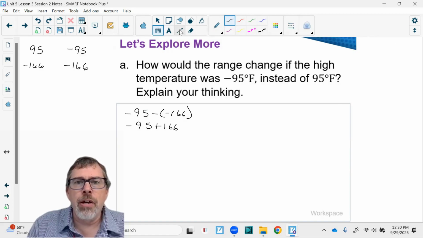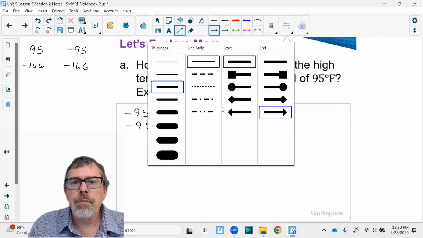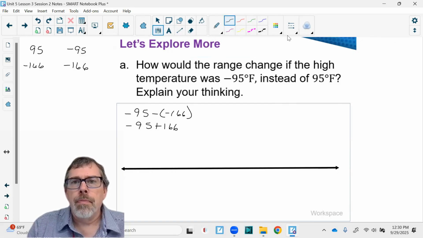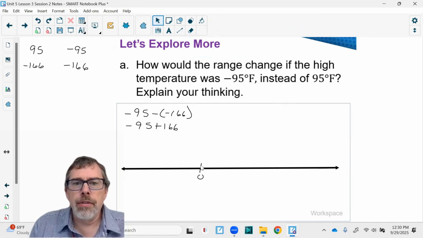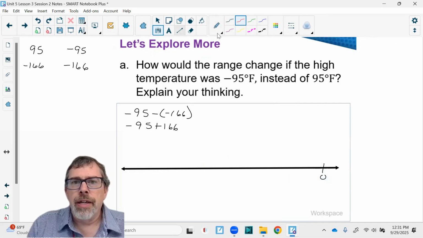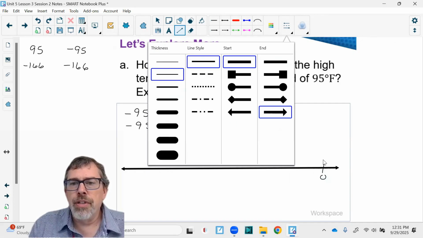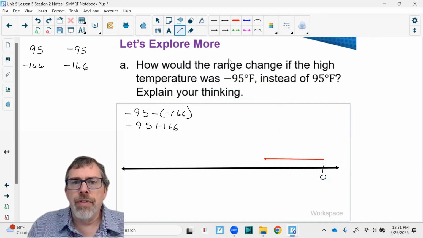So if I did that with a number line, like so, okay. So here's 0. Actually, let's move this over here because we're not going to go positive. So here's 0 degrees. Where's negative 95? Our first number, we want to go left of 0. Let's just say this is negative 95 right here.